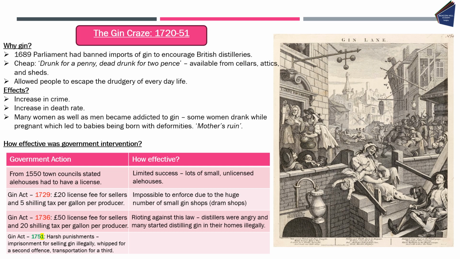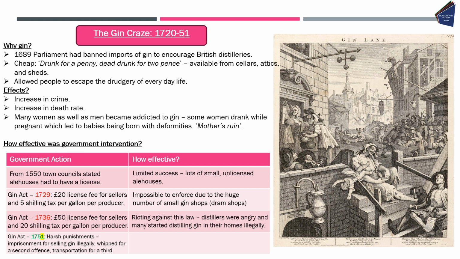As much as it's 1 year outside the time period, the exam board will normally, if they have the Gin Craze in a question, take it up to 1751, which will alert you to the fact that you are able to use the Gin Act of 1751 as evidence, and this is the only time period that you could refer to it in. So please don't worry about the fact that it is 1 year out of the early modern Britain time frame.